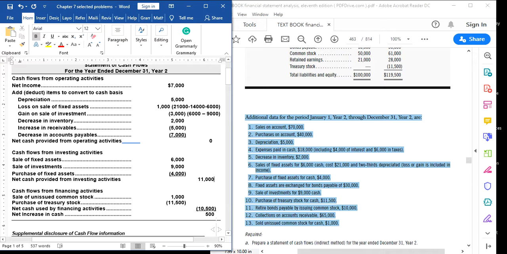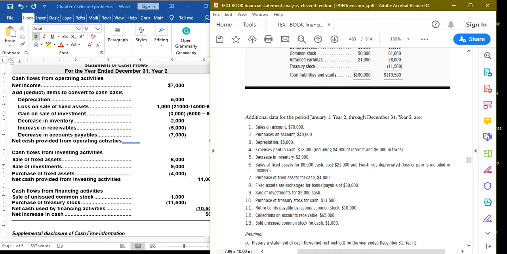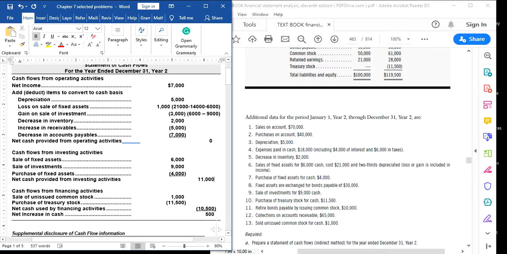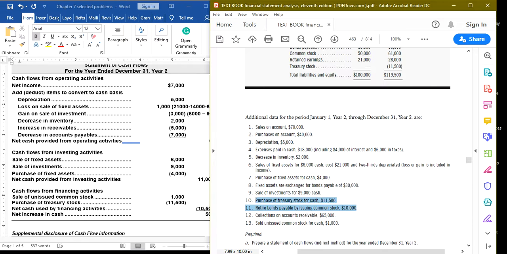Now cash flows from financing activities, sales of unissued common stocks for $1,000. We've sold them, so the cash inflow is positive. Purchase of treasury stock over here, we purchased that, it means we paid for that.